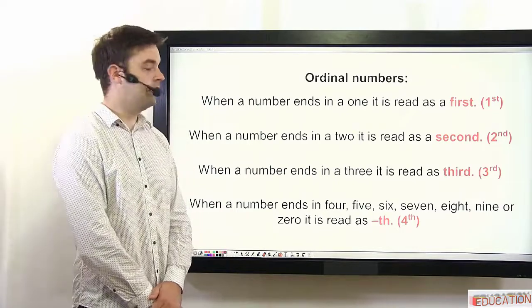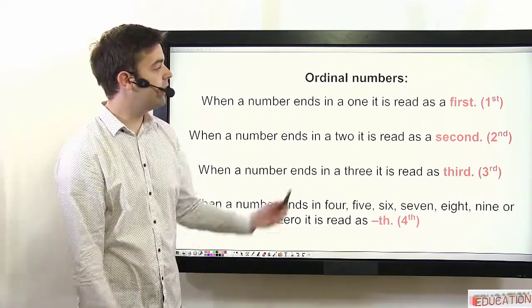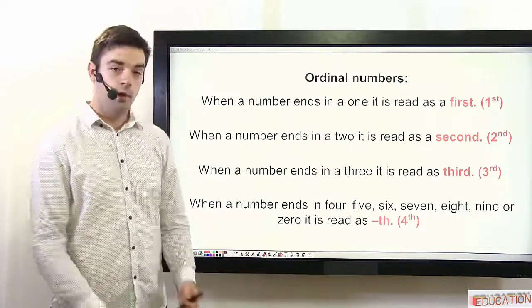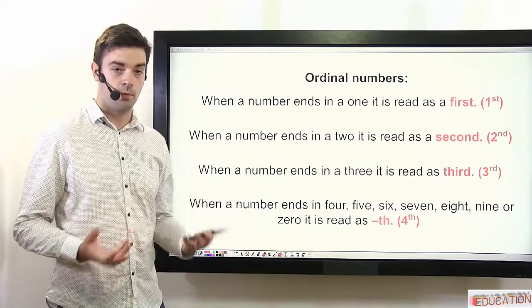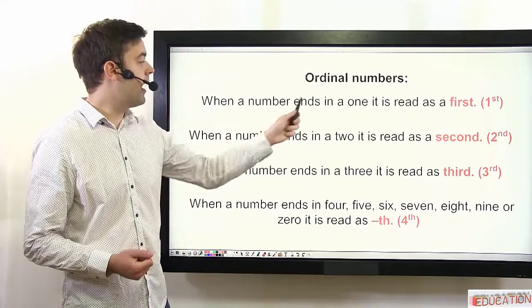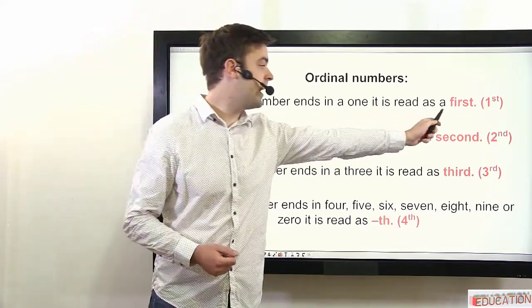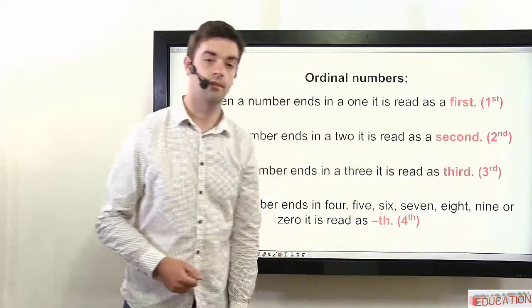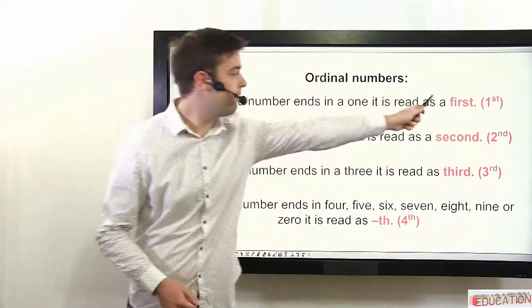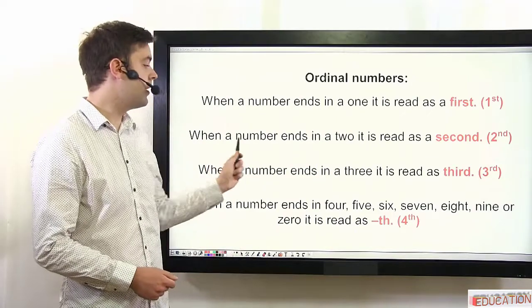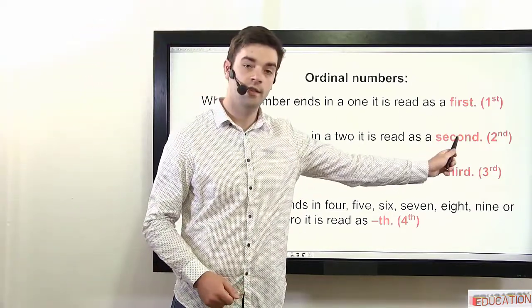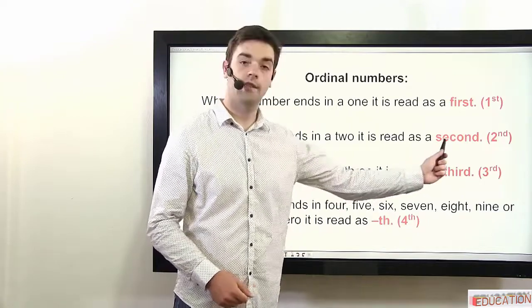So, we've looked at the cardinal numbers. Let's have a look at the ordinal numbers. The ordinal numbers represent the distribution. When a number ends in 1, it reads as first. When a number ends in a 2, it is read as second.